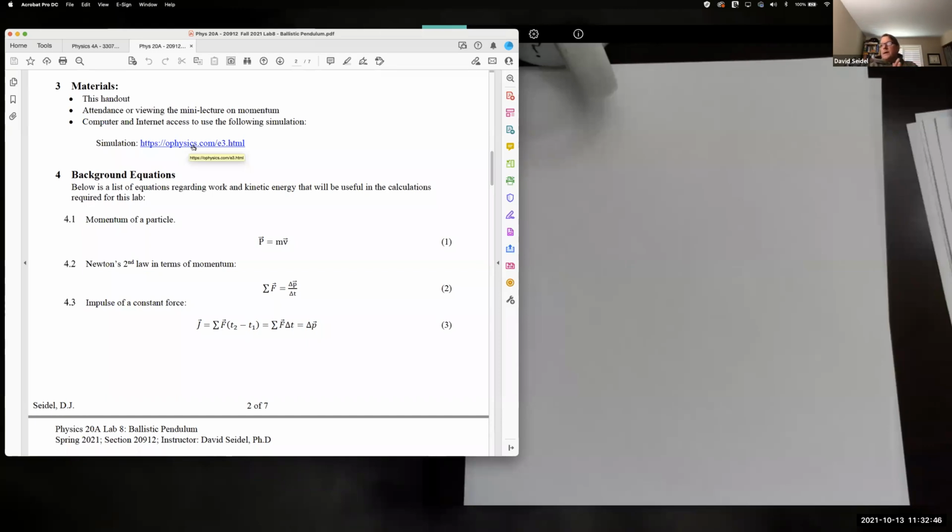I put down some of the basic things you need to worry about. I put down your background equations on this particular one, although we have finished the chapter. Remember that momentum of a particle is mv. The sum of the forces is delta p over delta t. The impulse of a constant force is delta p.